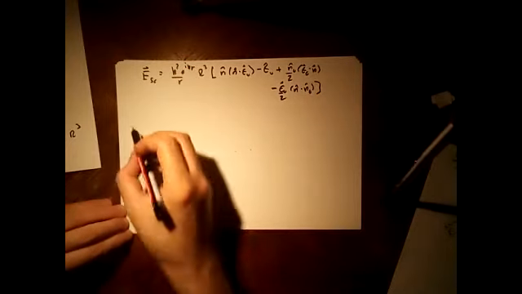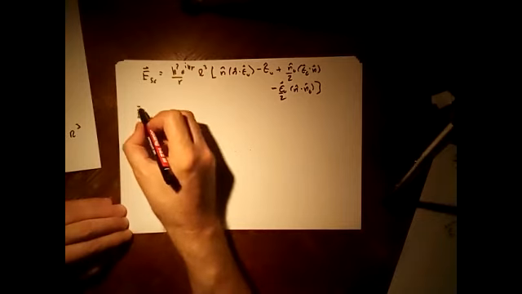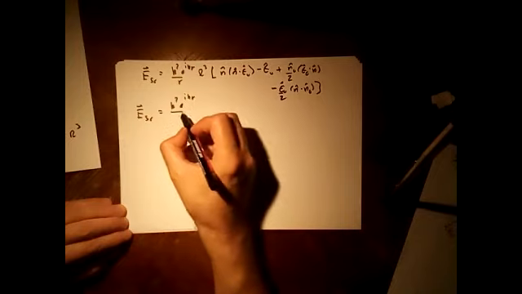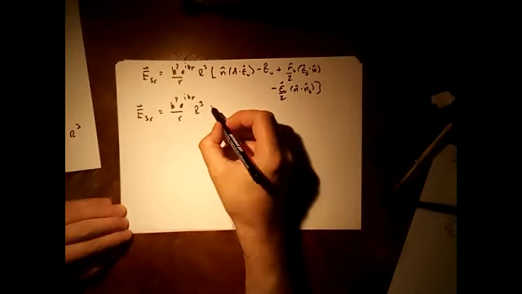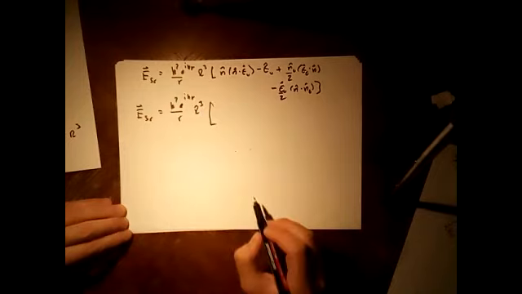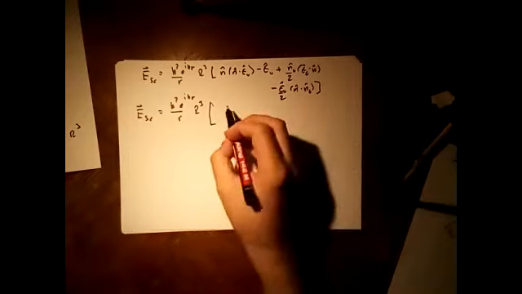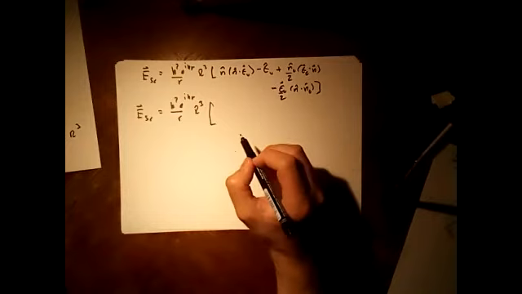Let me rearrange this. So scattered electric field, k squared e to the ikr divided by r cubed.